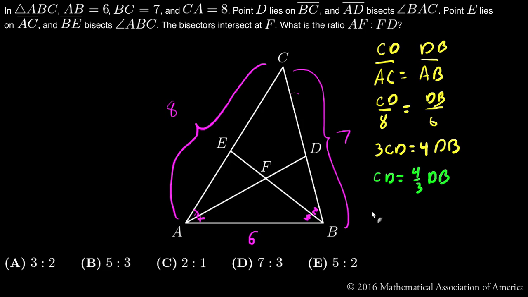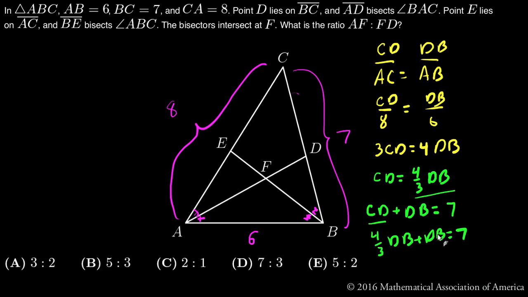And substitute into that equation CD plus DB equals 7. So substitute this expression in for CD: 4/3 DB plus DB equals 7.